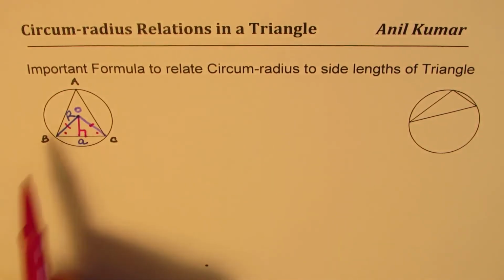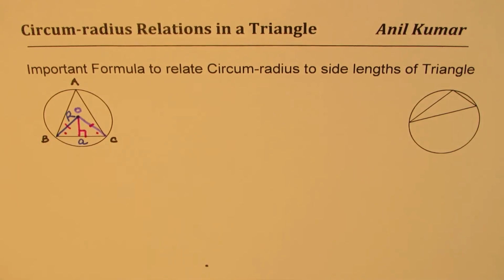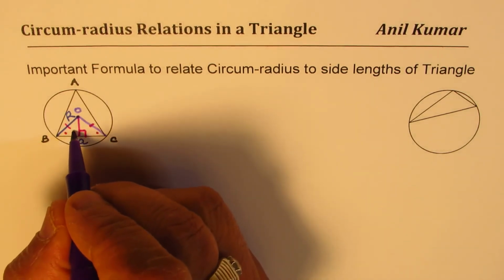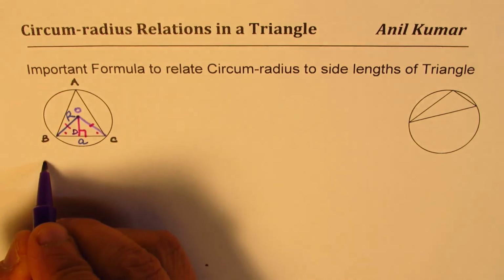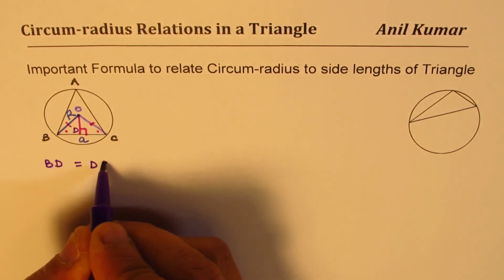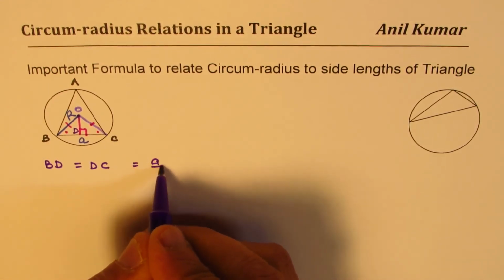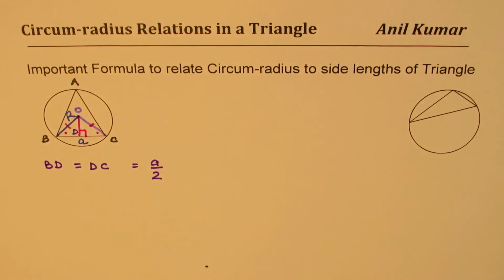So these are common sides. So these are actually congruent triangles, correct? So in that case, let's call this point D, right? So we know BD will be equal to DC, and both will be equal to half of A, correct?